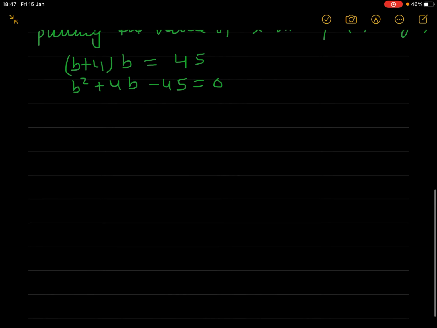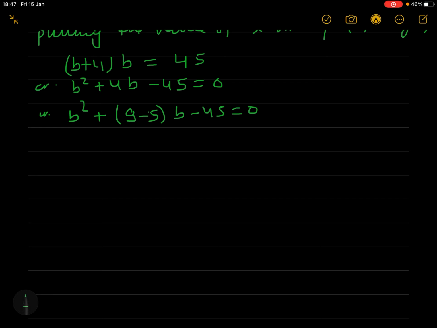So if you factorize this one, B square plus 4B minus 45 is equal to 0. Now here product is 45 and difference is 4. So 9 fives are 45, 9 minus 5 is 4.